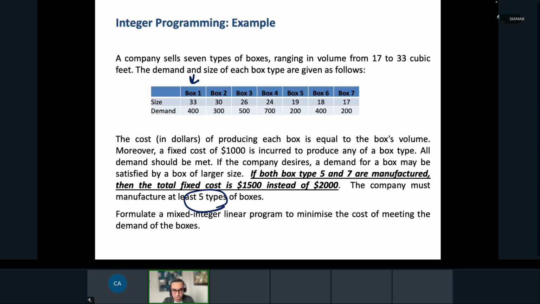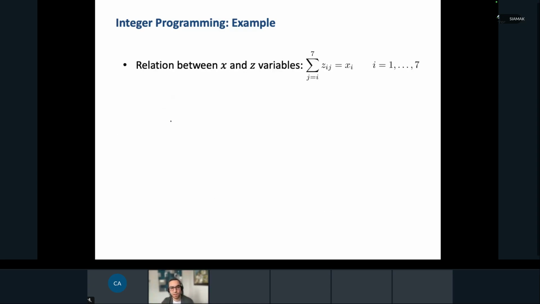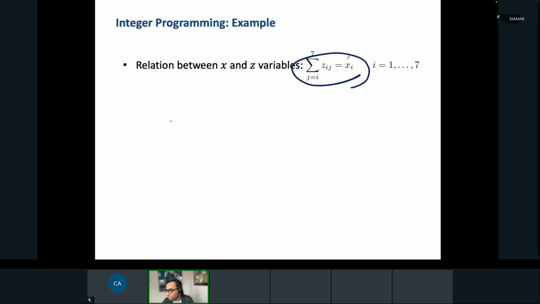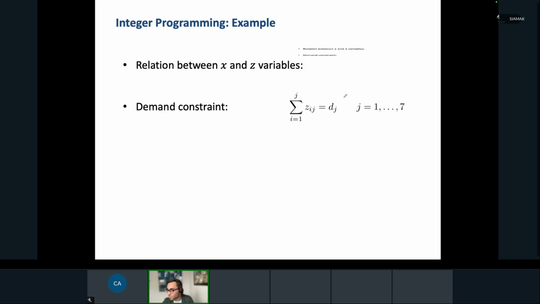The first one makes sure that there is a relationship between xi and zij. If you don't have this one, you won't have a correct x value, how many of each of the boxes you have to produce. So the first one is the relationship that xi has with zij, and this one is to satisfy the demand. So they are different constraints. They don't imply the same.